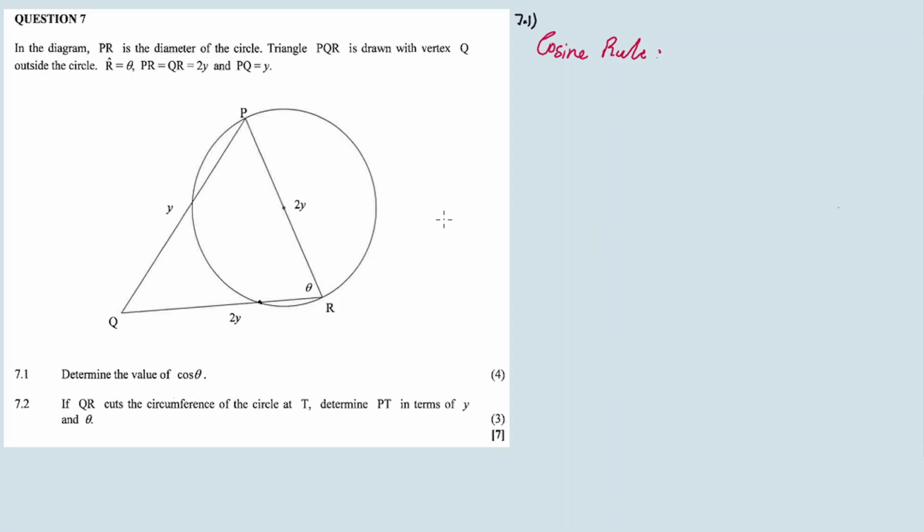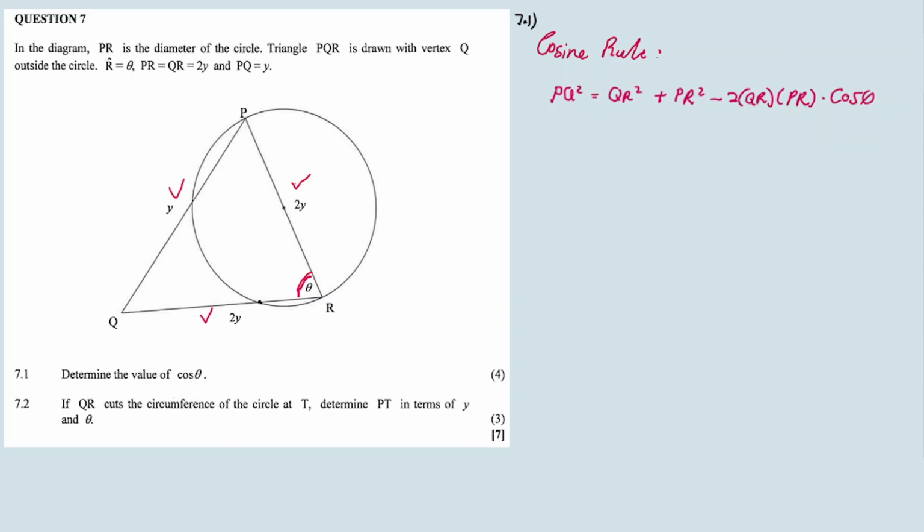So the cosine rule for this triangle, with reference to this angle, is PQ squared equals QR squared plus PR squared minus 2 QR PR times cos theta. This is the formula for the cosine rule, right?